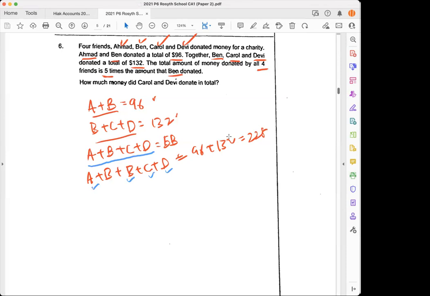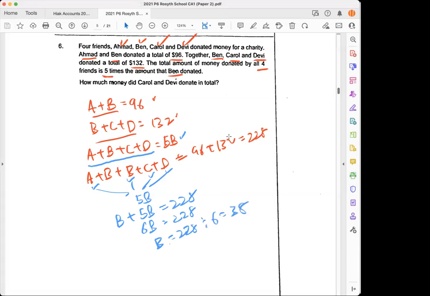And this A, B, C, D is also equal to 5B, which means these four letters will become 5B. So if you rewrite this statement, it is B plus 5B equal to 228. So 6B will be equal to 228, and B will be equal to 228 divided by 6, equal to 38.